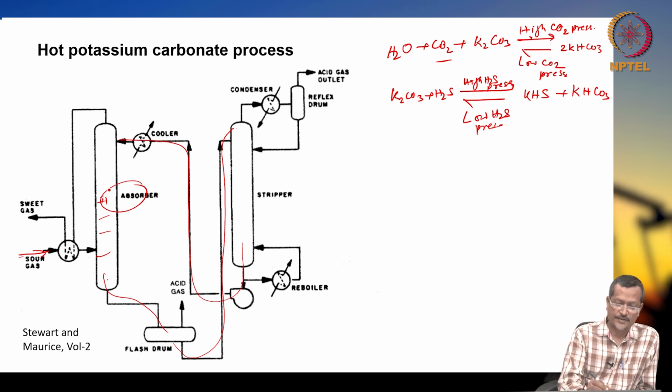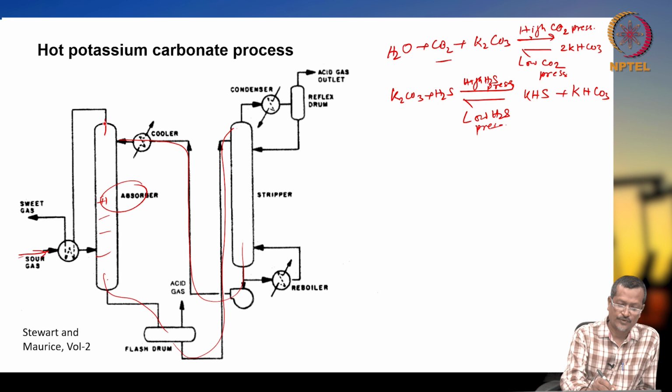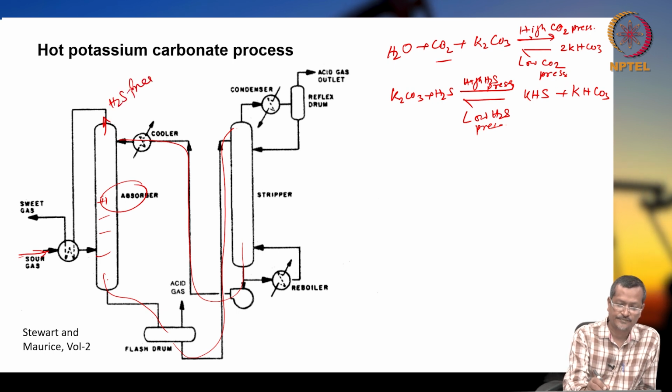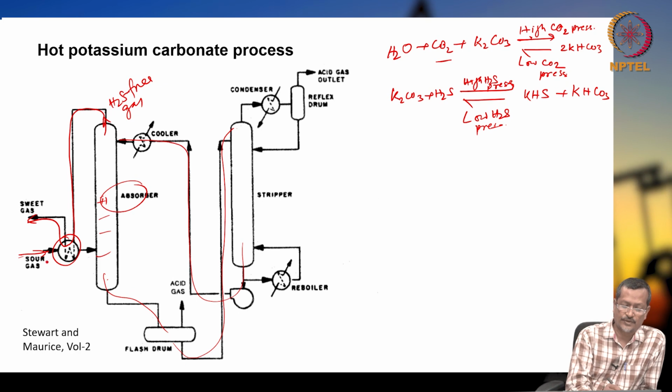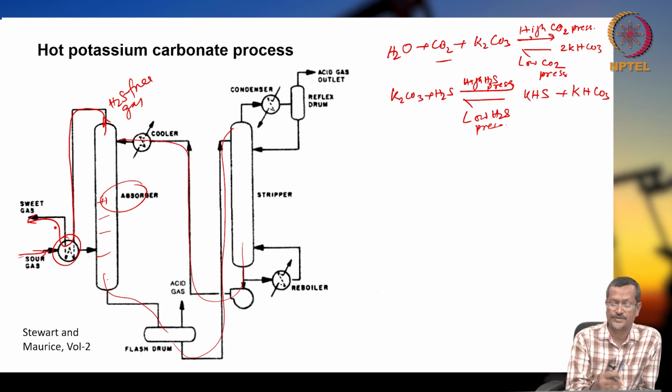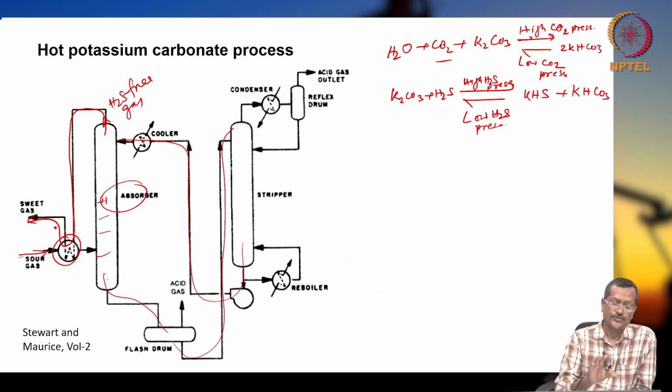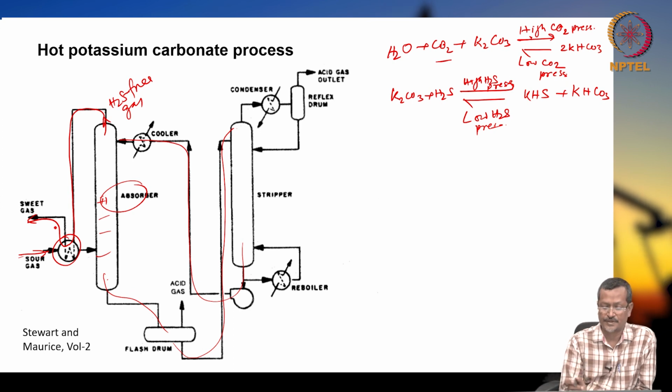And from here, whatever gas you got here, like H2S free gas, that one you are taking, you are sending to sweet gas. Here heat exchanger is there, so those sour gas inlet and sweet gas is not mixing actually. This is only heat transfer, separate pipes are there. So, only heat is getting transferred, fluid is not mixing up.